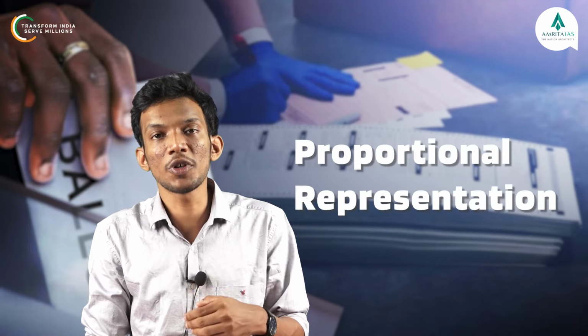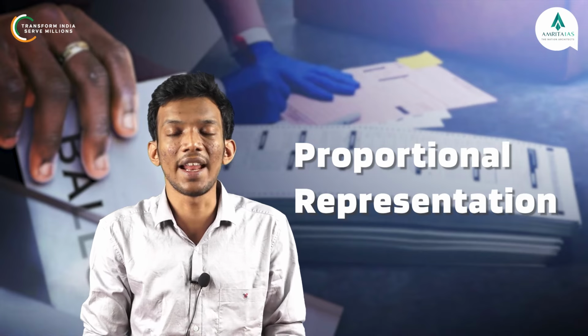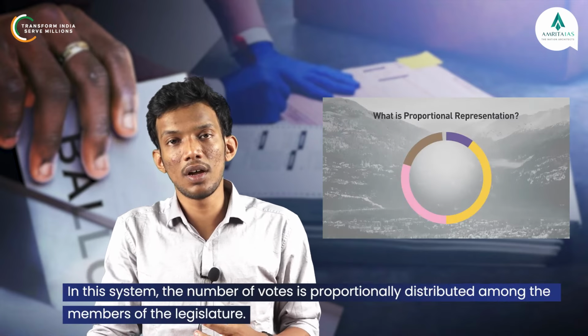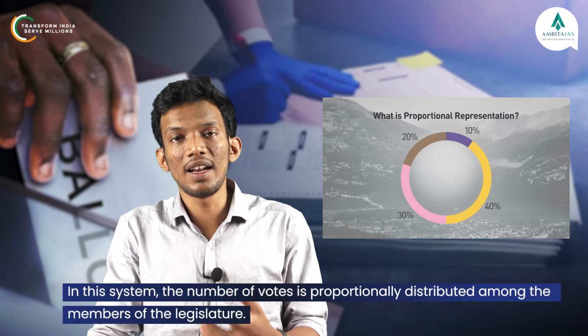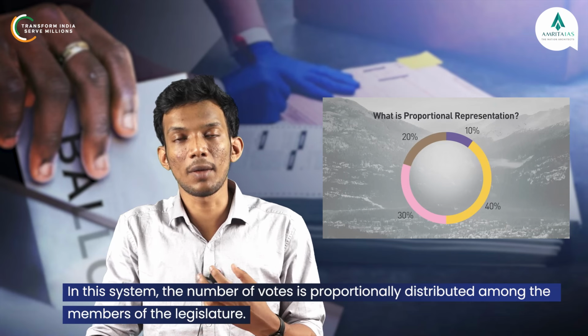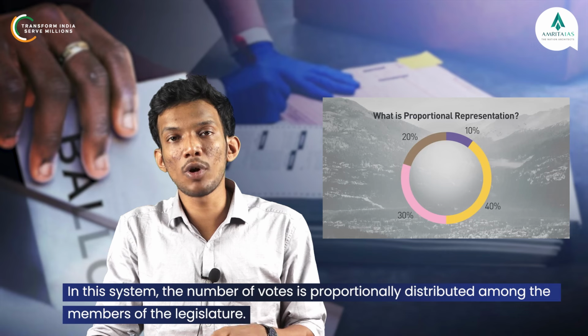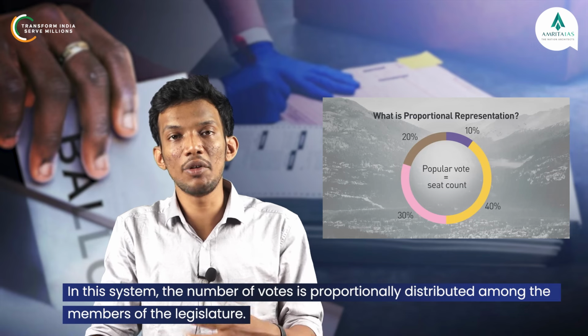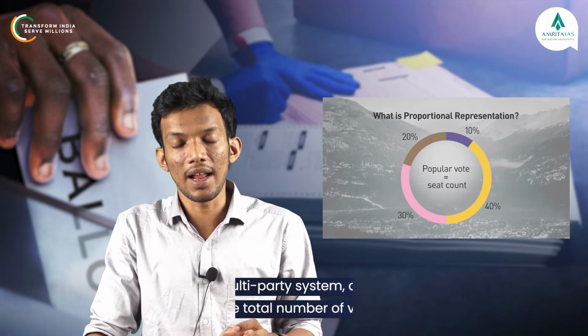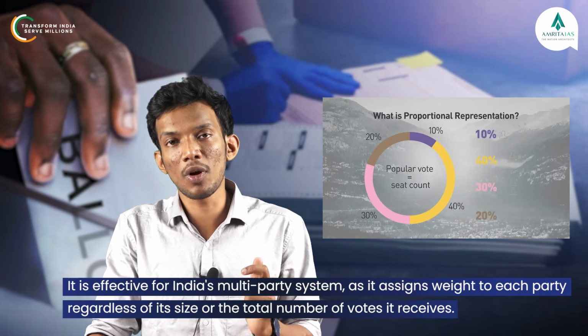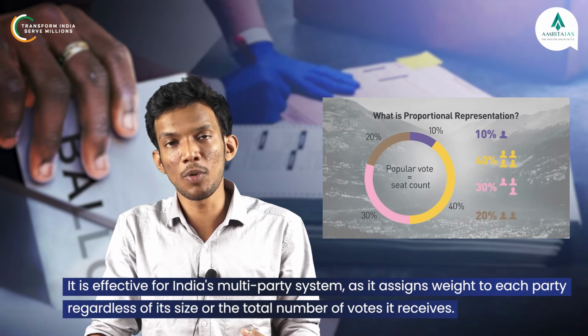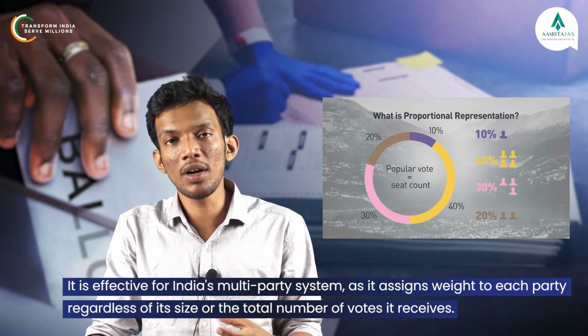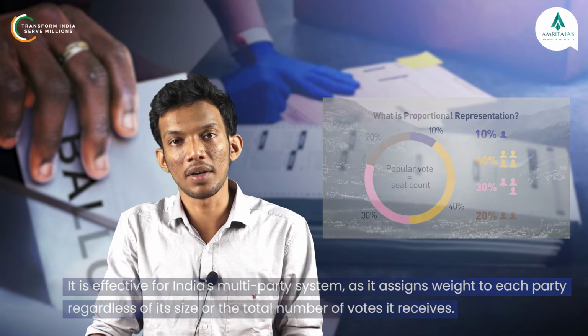Now, there is also another form of parliamentary representation, which is known as proportional representation, which is followed in countries like Israel. In this type of system, the political parties release a list of the candidates who will be representing them, and the people vote for the list rather than individual candidates. In proportion to the number of votes the political party receives, they are given proportional seats within the parliament.